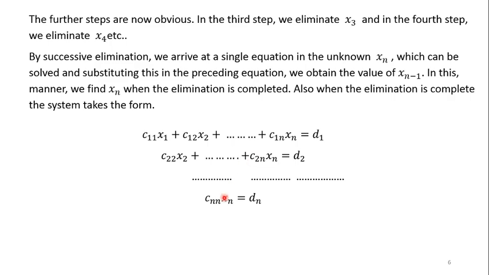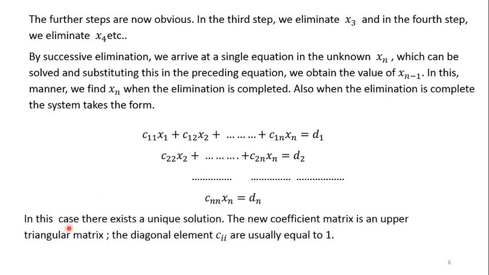Our objective is to reduce the system to this pattern, which is just like an upper triangular system, from which you can easily find the values of your unknowns. In this case there exists a unique solution. The coefficient matrix is an upper triangular matrix, so the diagonal elements cii are usually equal to 1.